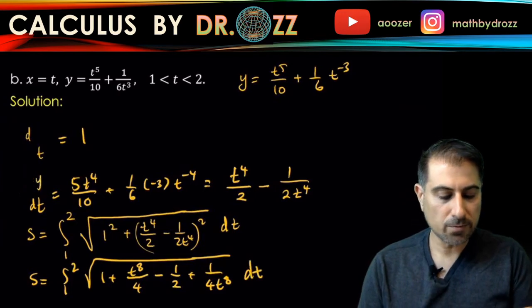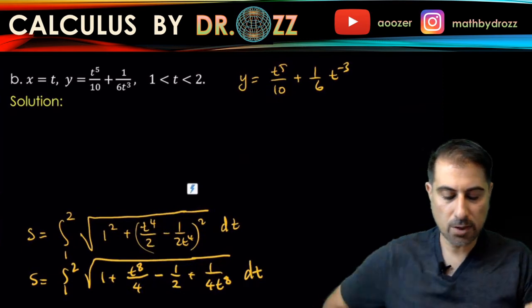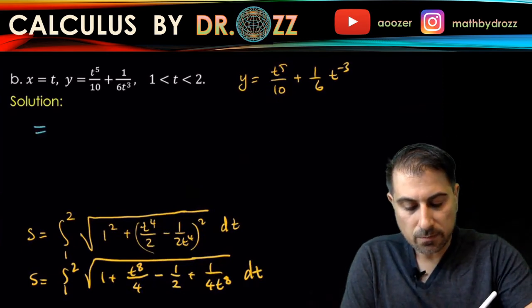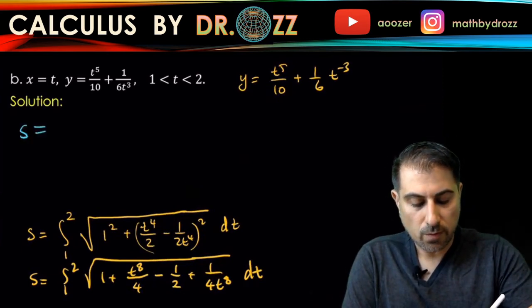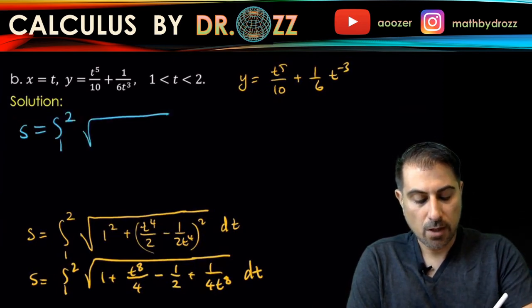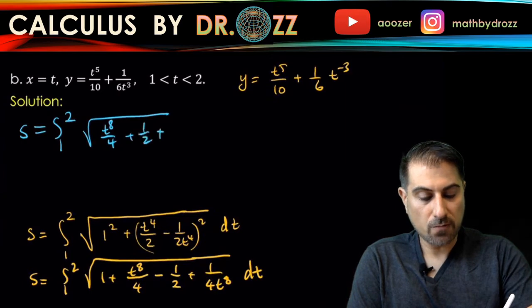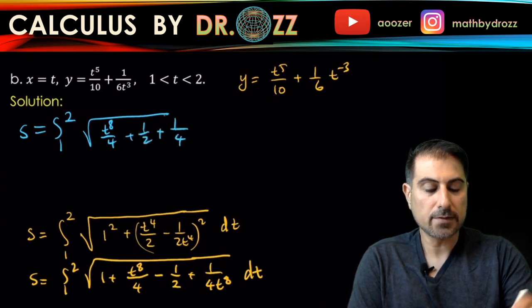Now I'm going to continue from the top with a different color. Here we go. S is equal to the integral from 1 to 2 of the square root of 1, well, you have t to the 8th divided by 4 plus 1/2 plus 1 over 4 t to the 8th, dt.